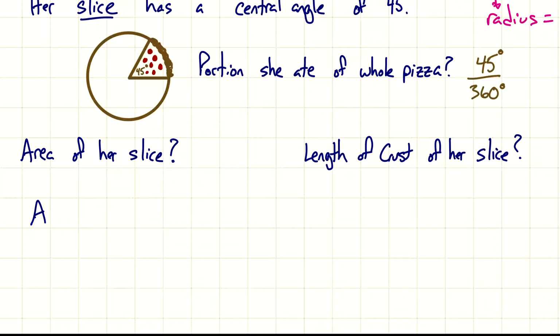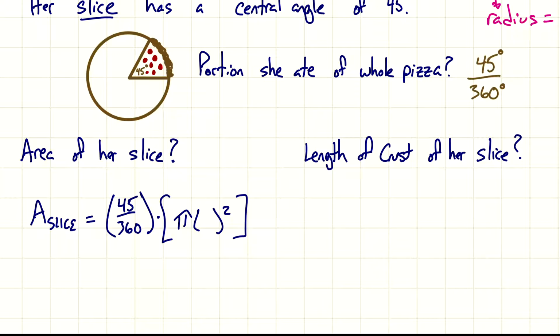So the area of the slice is going to be, we start with the portion. So I'm going to put 45 over 360 times, and this is where we're going to have pi r squared. So instead of the r, I like to put the parentheses squared, and then that way I could just fill it in with the number I need. All right, so I'll leave that for a second.